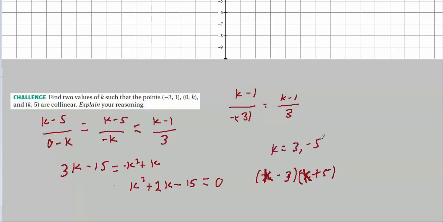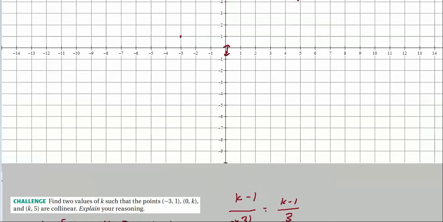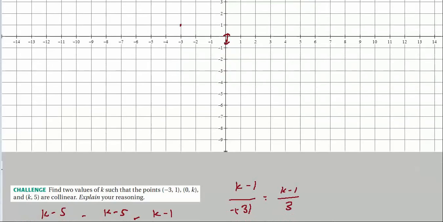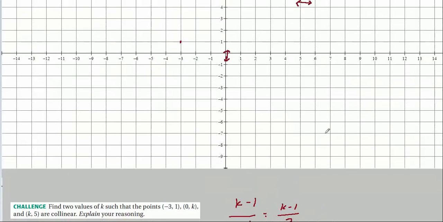What happens if we punch those in over here? Let's take a look. Here we had 0, k. And what were our two choices? I better write them down where I can see them. 3 and minus 5. So it could be 3 or it could be minus 5. 0, 3.